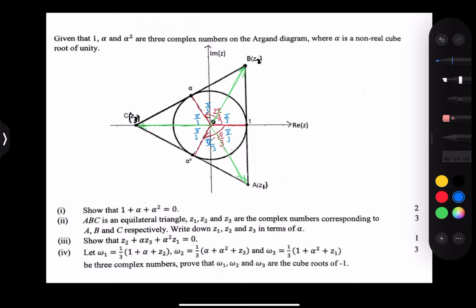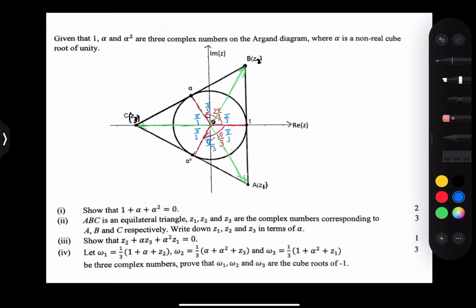You can see now that A and alpha are in totally opposite directions and they line up in a straight line. So alpha, O, and A are collinear points. The whole angle alpha OA is 180 degrees, which is pi, which means A is opposite of alpha.